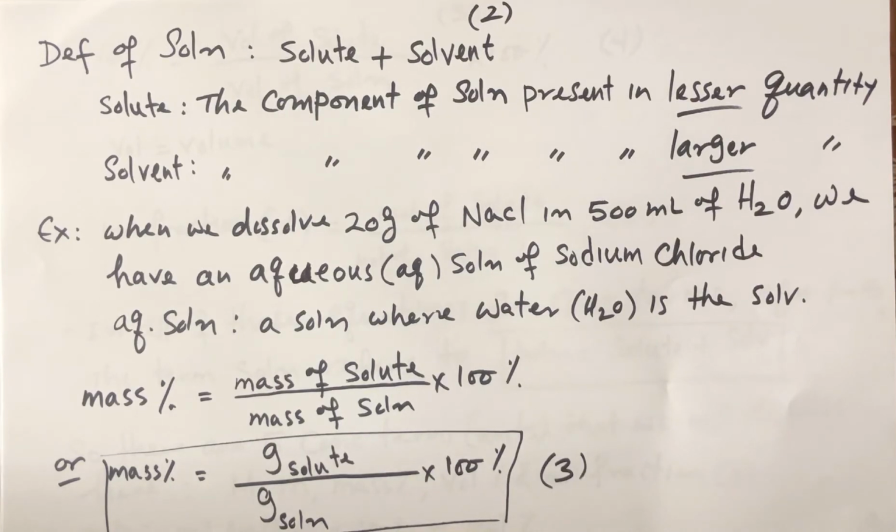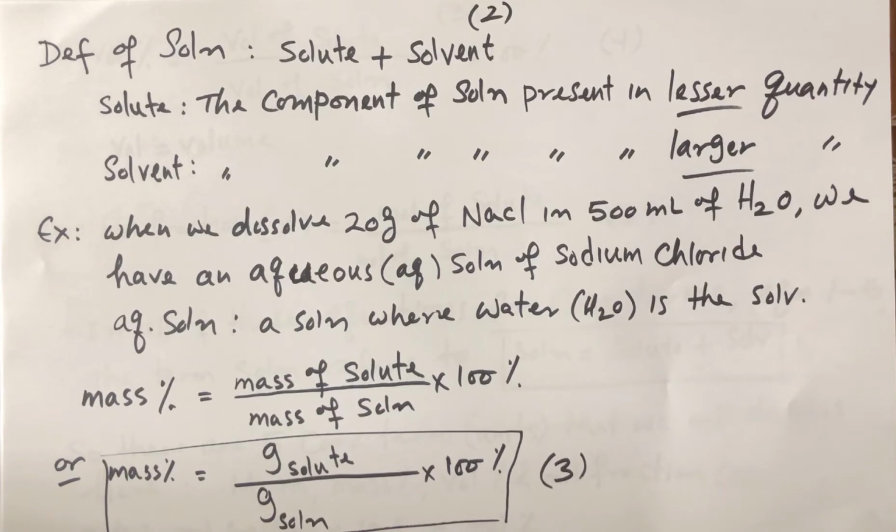As I mentioned previously, a solution is defined as a solute plus solvent. So a solution is made of two components. The component that is present in lesser quantity is called the solute, and the other component that is present in the larger quantity is referred to as the solvent.